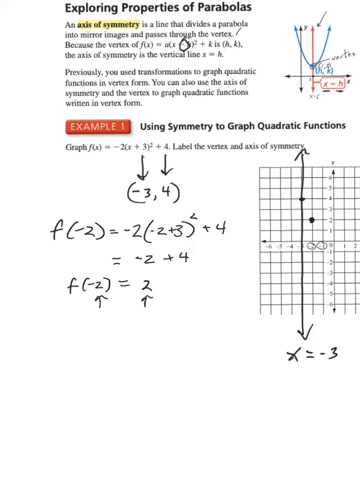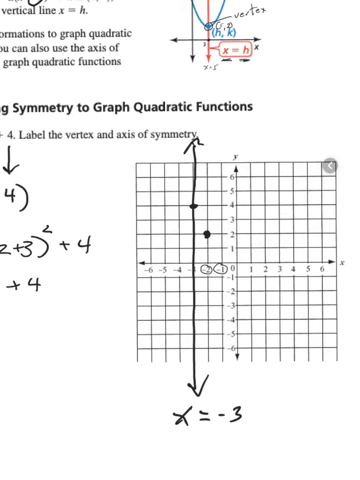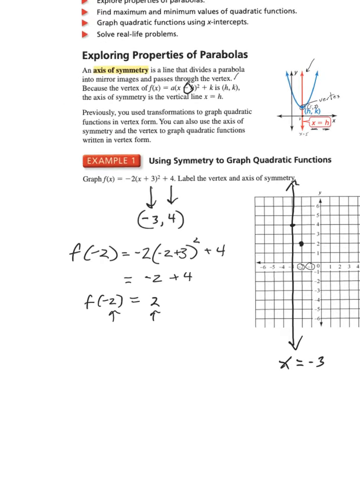Now let's find the other point. The other point I said was going to be -1. Again, I'm trying to find points that are immediately to the left or the right of the vertex on the x-axis. So in this case, we go f of -1. Sorry, it's so messy, but f of -1 is going to be -2 times (-1 plus 3) squared plus 4.